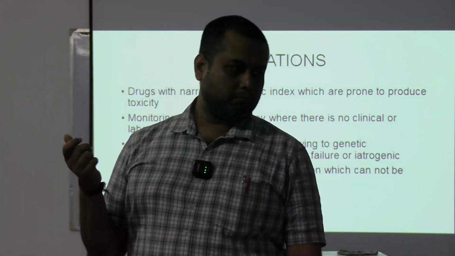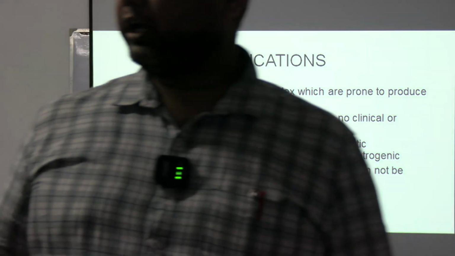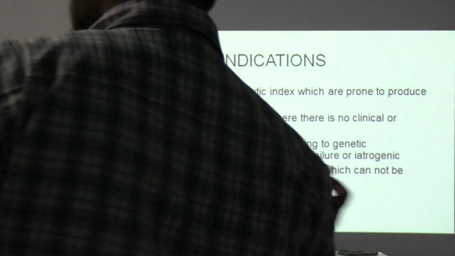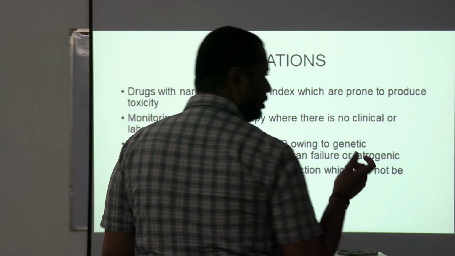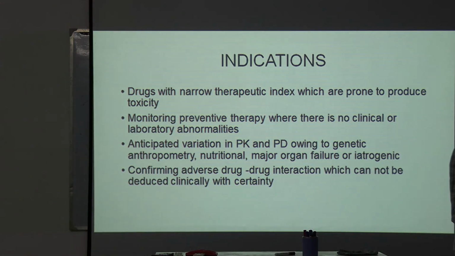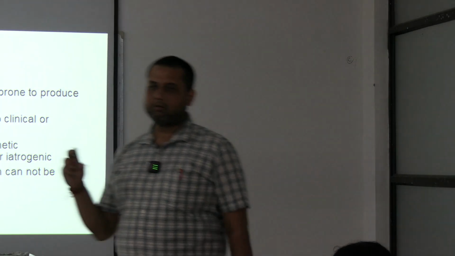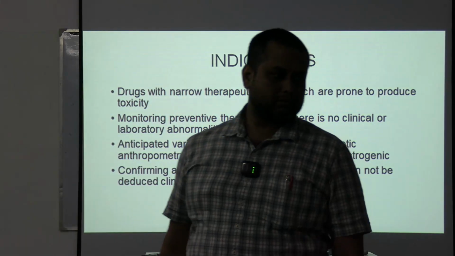Where the free drug is more, the activity of the medication will be more. Let's say phenytoin: 80 to 90% remains bound to protein, so if the amount of free drug gets altered, the activity of phenytoin increases.